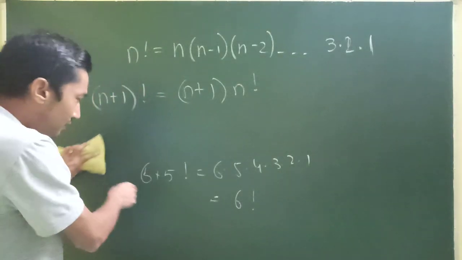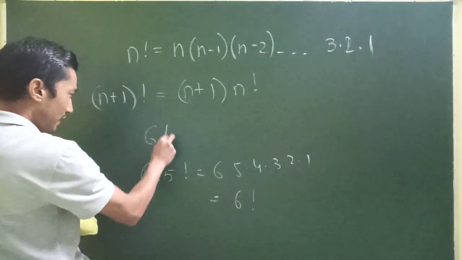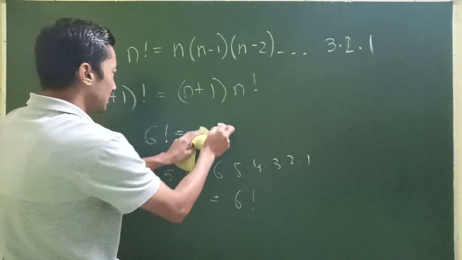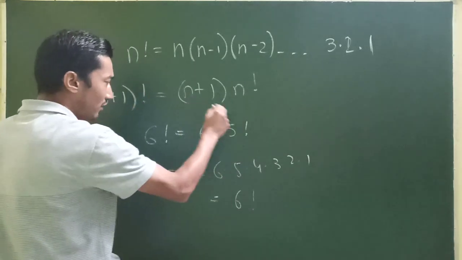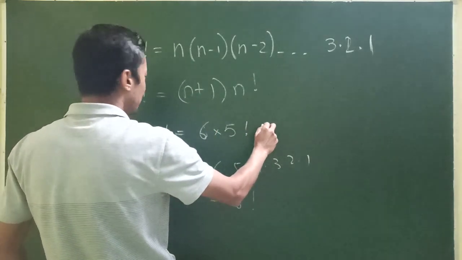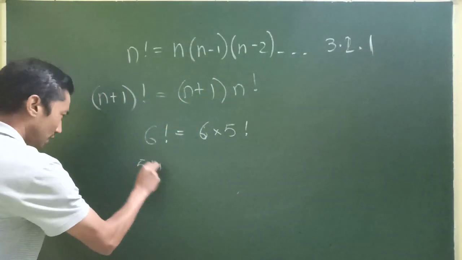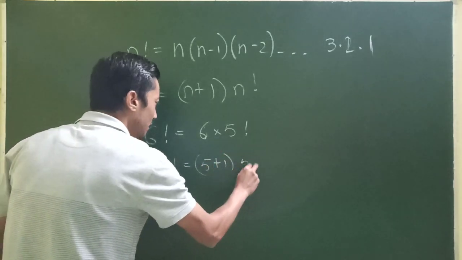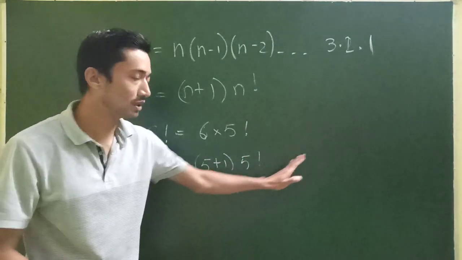If I write it in the reverse order, 6 factorial can also be written as 6 into 5 factorial, or in this format, 5 plus 1 factorial is 5 plus 1 into 5 factorial, because it keeps on reducing: next will be 4, 3, 2, 1.